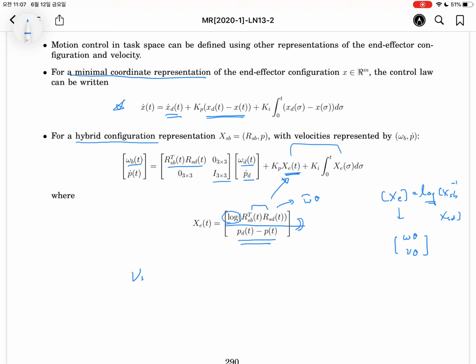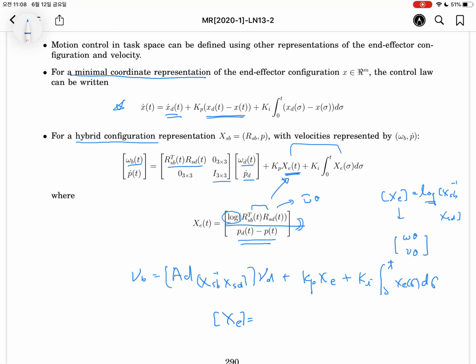Okay, let me write down the previous equation. B adjoint XSB inverse XSD will be applied to the adjoint map, and the Vd and Kp XE plus Ki integral of XE dσ.